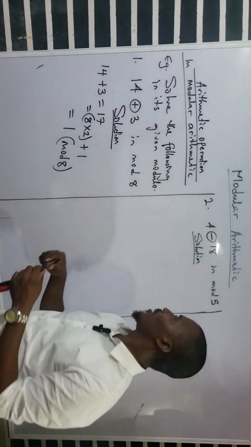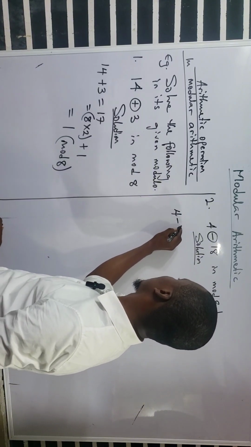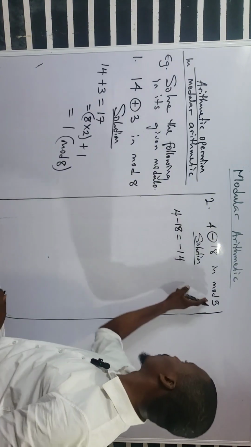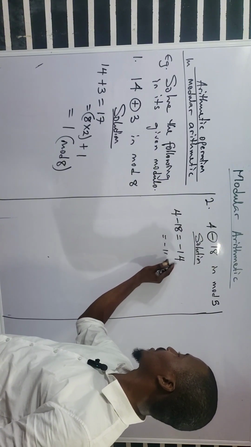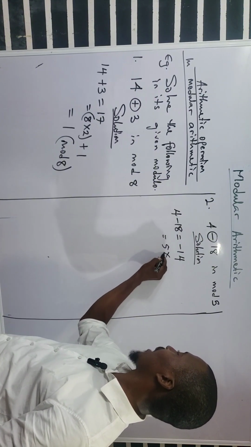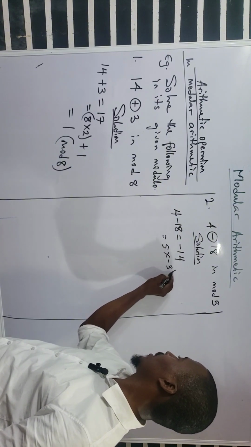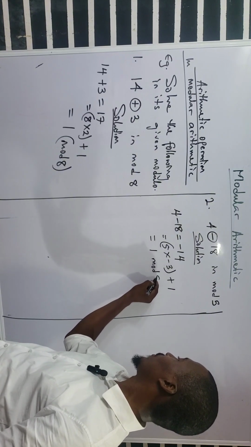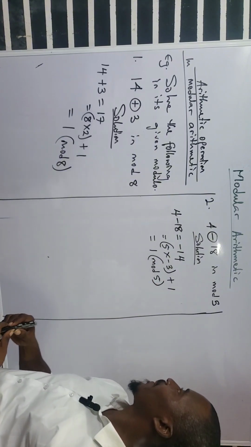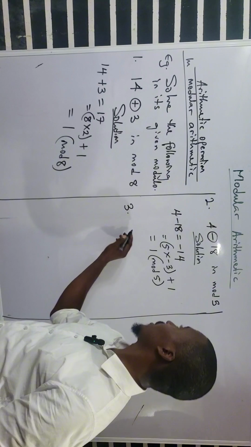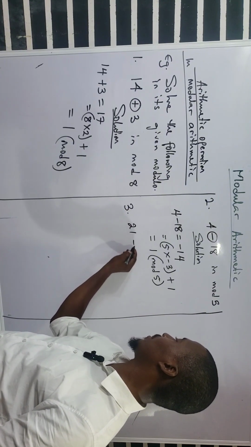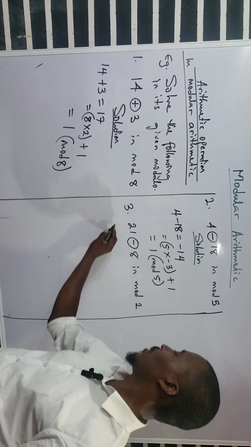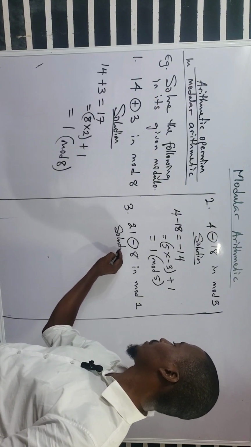Carry out your operation, 4 minus 18 will give you minus 14. Minus 14 in modulo 5 will give you 5 times minus 3 plus 1. That will give you 1 modulo 5. So the third one, if we have, let's say, 21 minus 8 in modulo 2, we have our solution.